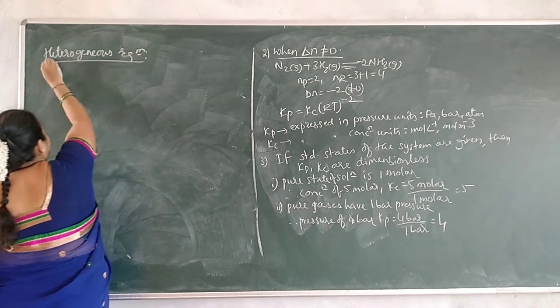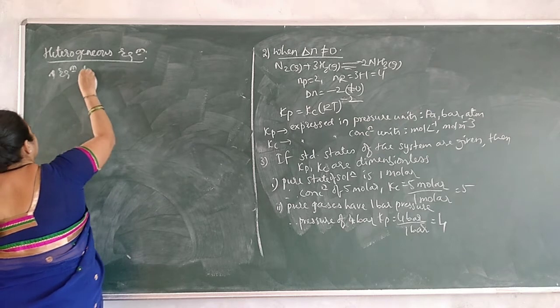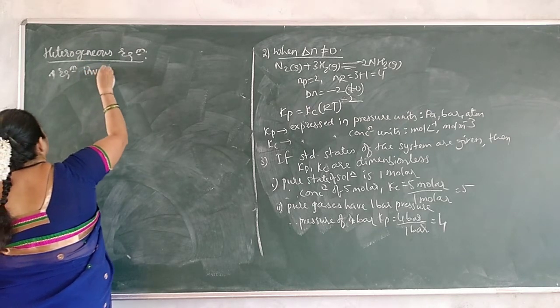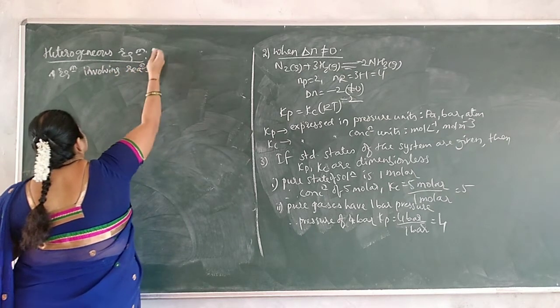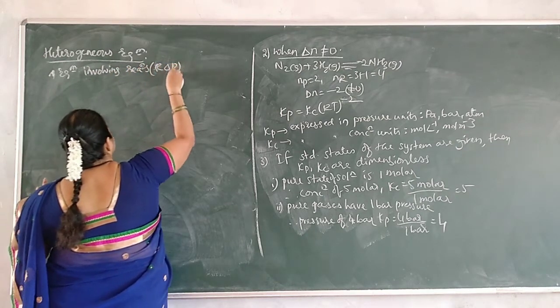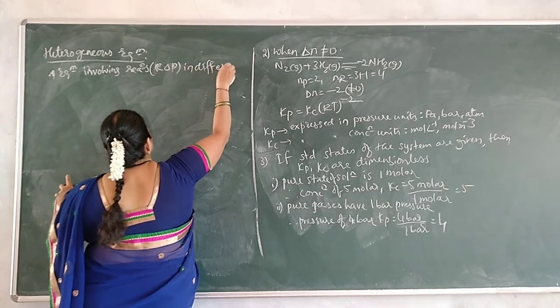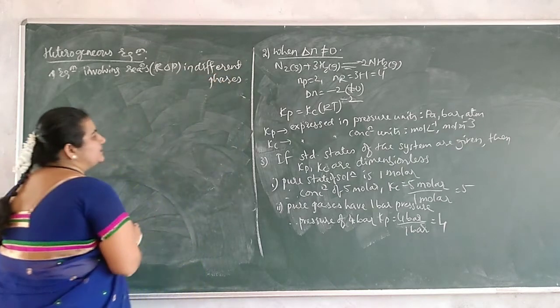The definition: equilibria involving reactions, that is reactants and products, in different phases are called heterogeneous equilibria.